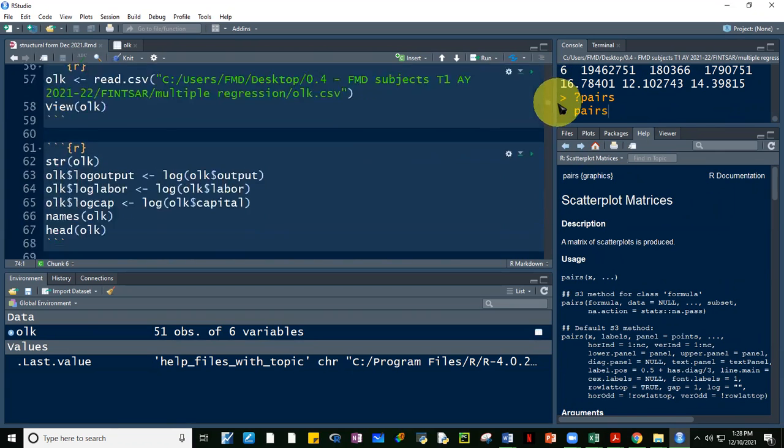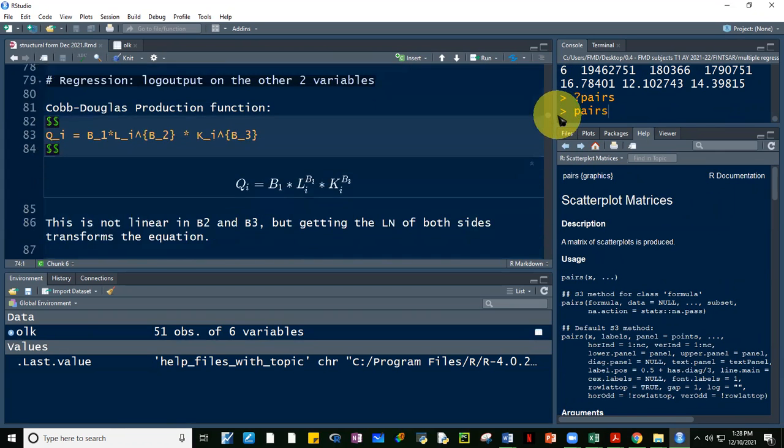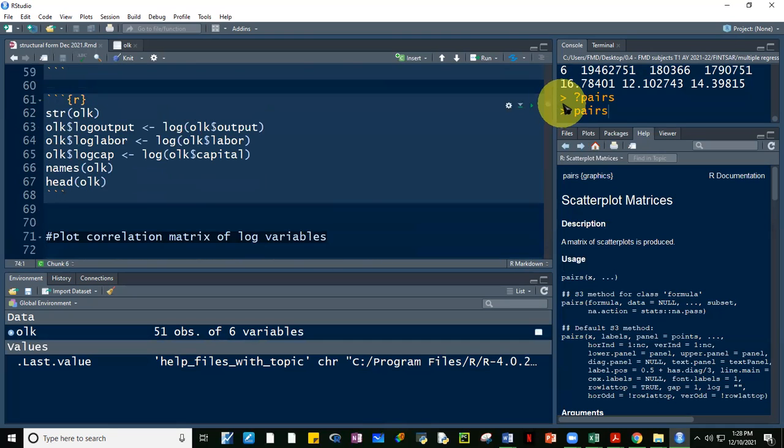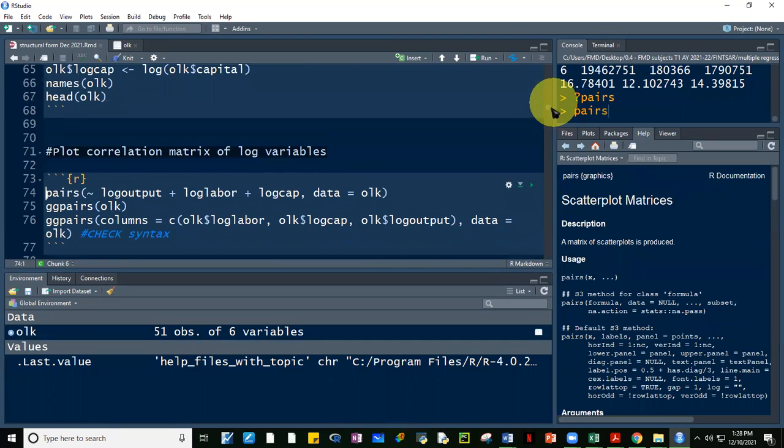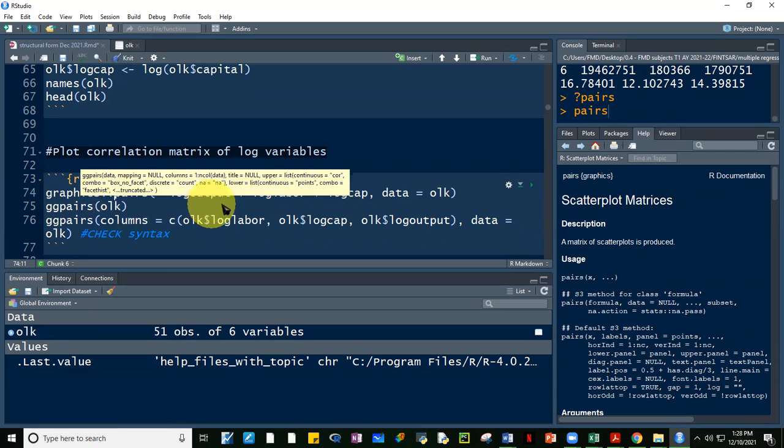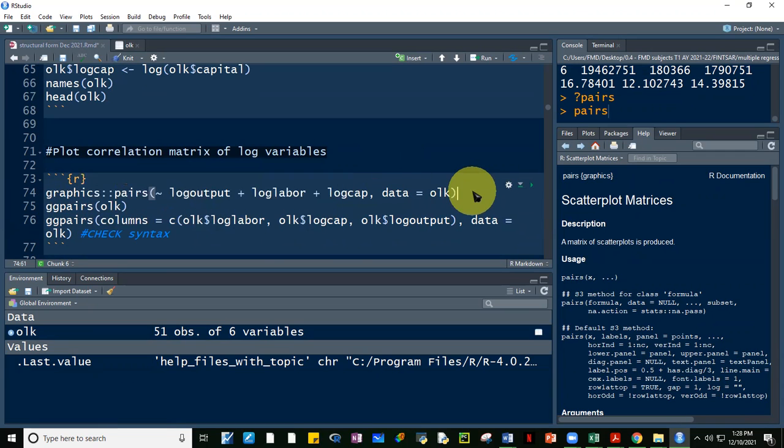Pero hindi natin know. But guys, it's always good, pag first time ginagamit yung function, what you can do is put the namesake, yung package na pinanggalingan niya, no? Graphics. Okay, so let's run the first one.